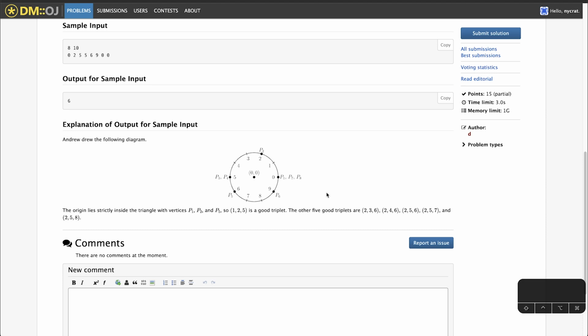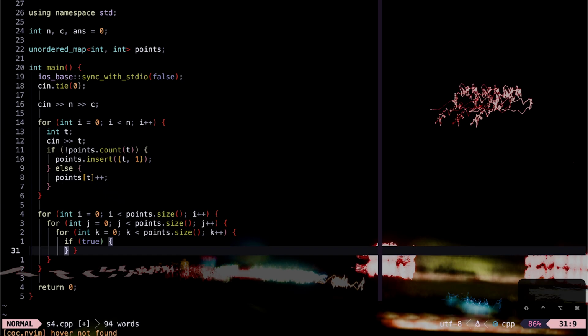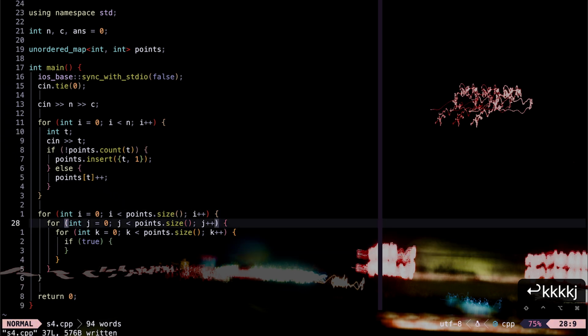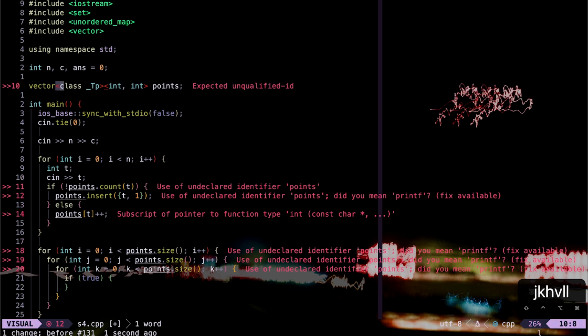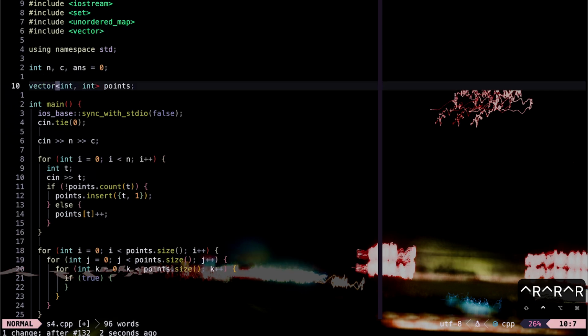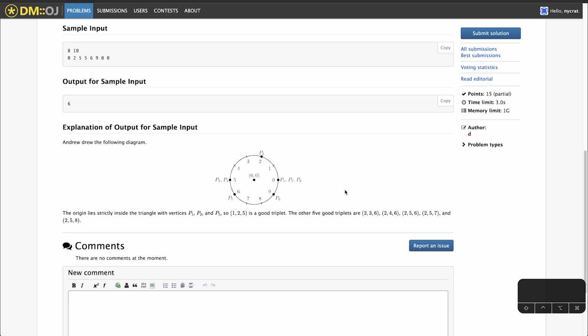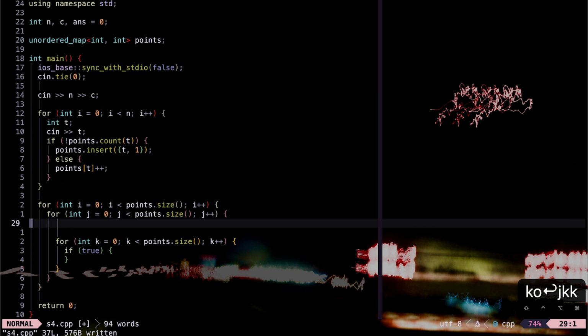Well, let's figure out what counts as a good triangle. So I say the point 1, which is I. Should this be an unordered map? Unordered is kind of crazy.